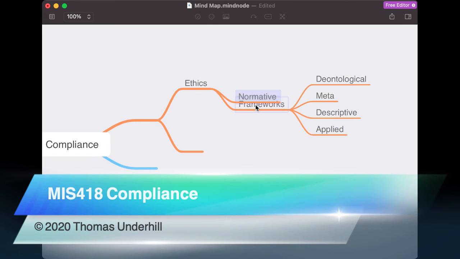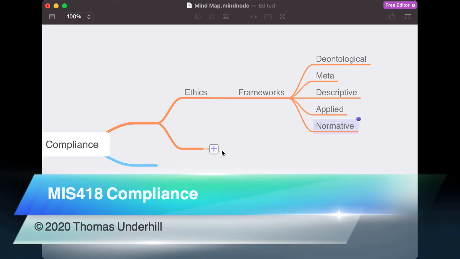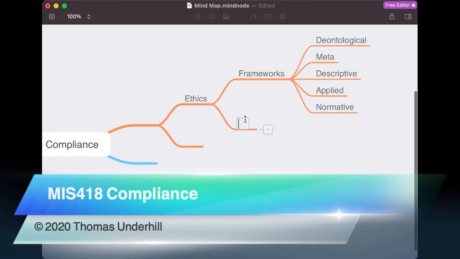And I find mind maps are very helpful for organizing thoughts. So even though we don't have any tests per se in this class, these are very helpful for you to learn and understand. Okay? All right, then there are ethical standards or approaches.